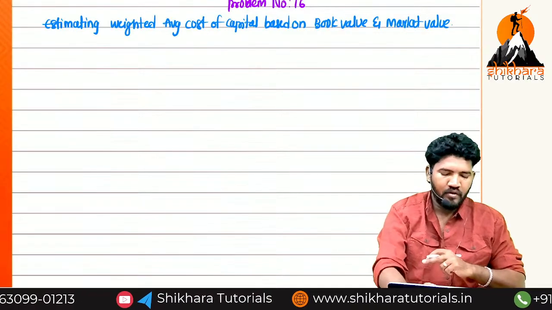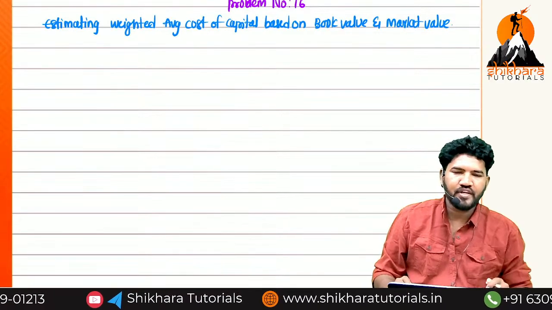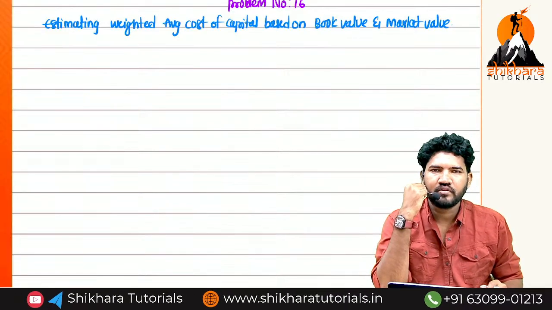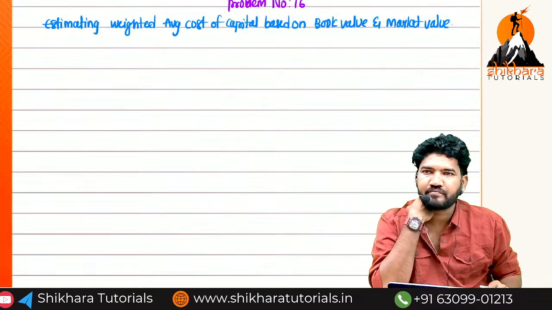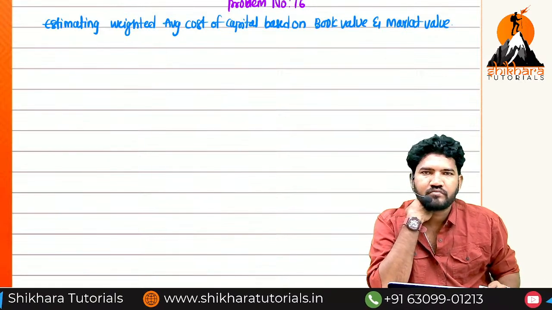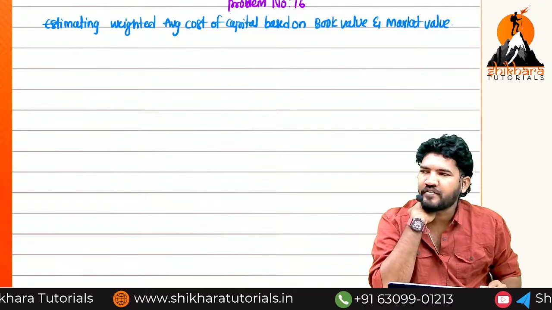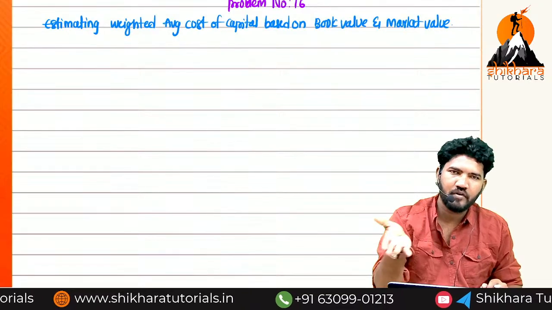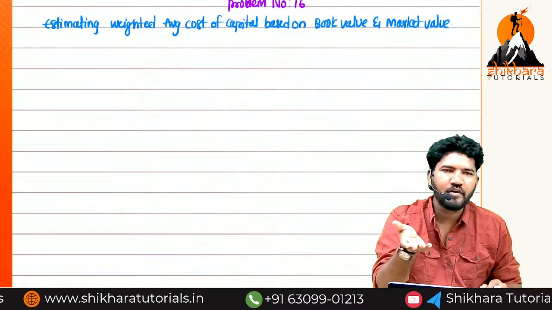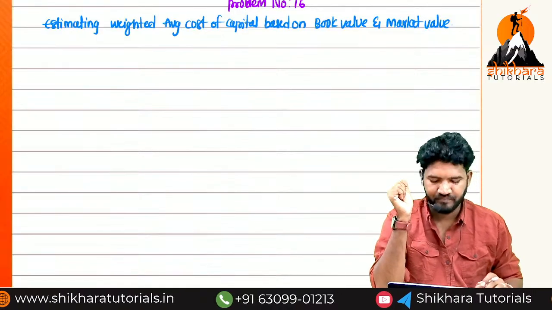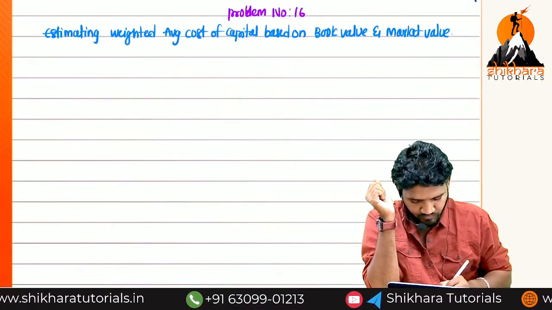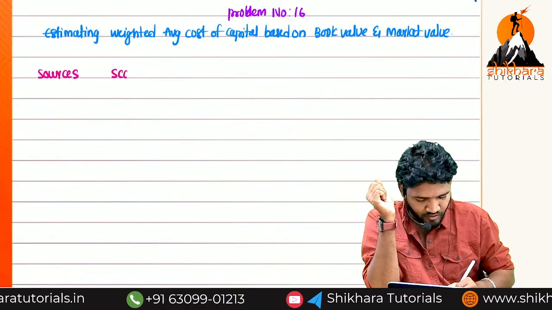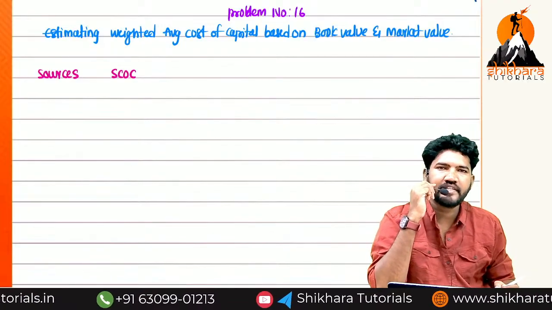Out of the book value statement and market value statement, two things are common. Sources are common, and specific cost of capital is common. Will the specific cost of capital change? No. Whatever you did in the working notes from the book value point of view will be reflected the same in the market value point of view. That's a common thing: sources and specific cost of capital. Are you guys clear?